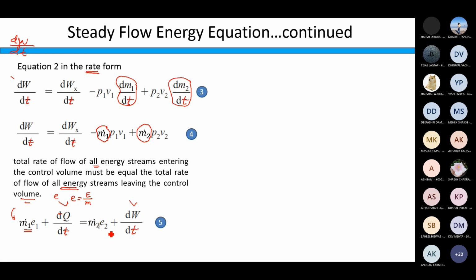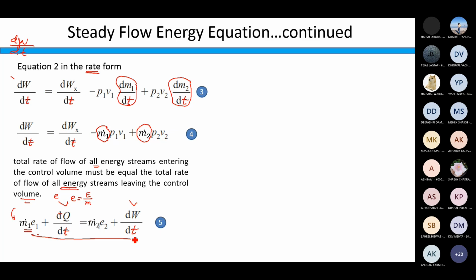In the same way, this is the energy carried away from the control volume by the mass m dot 2 at the exit. Both these terms are on a per unit time basis. Is it clear? Same way, these two interactions are heat and work interactions. So this is simply your energy balance equation and nothing else.